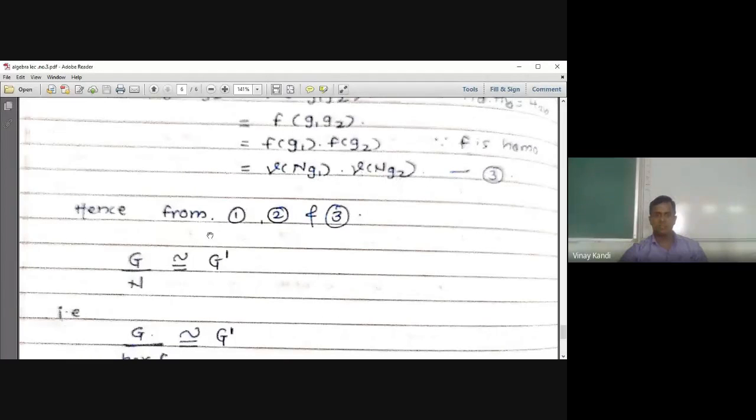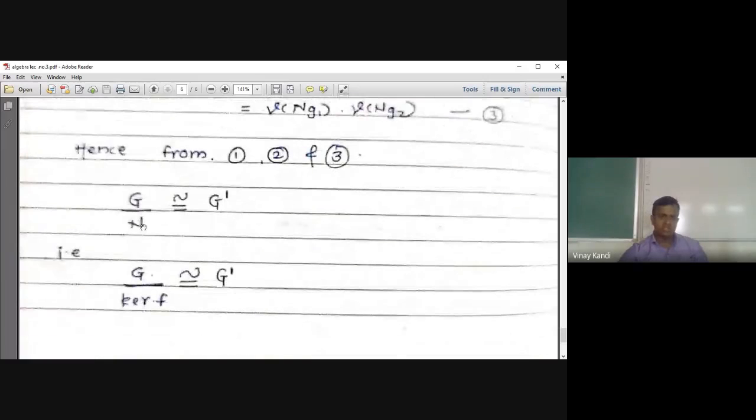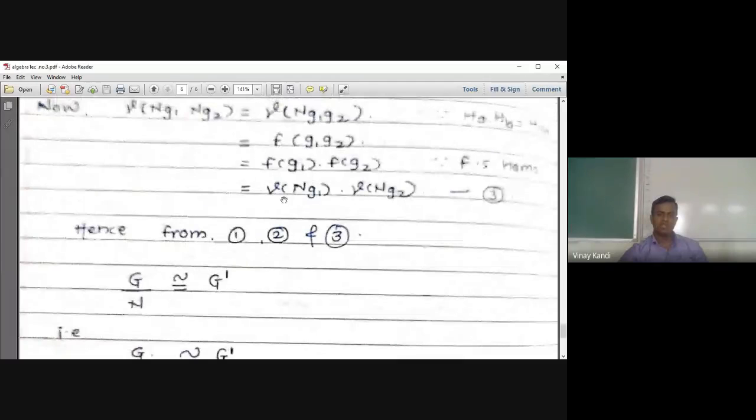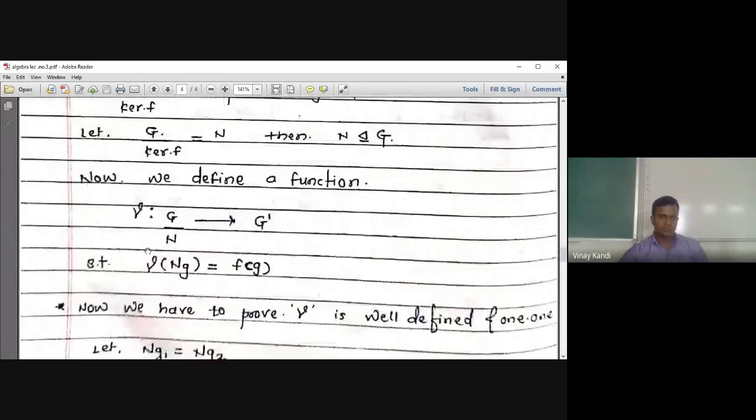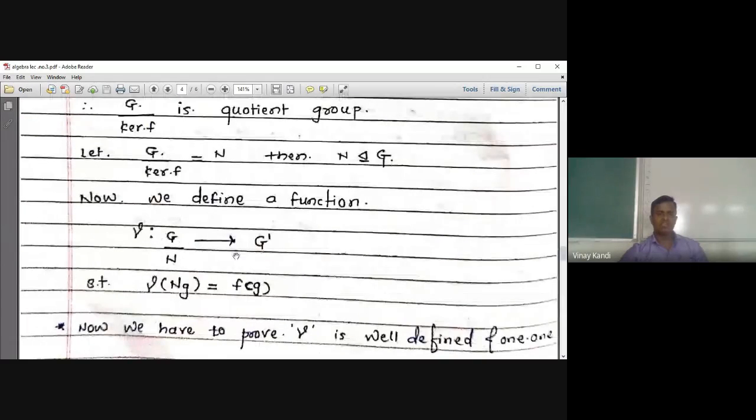Hence, from statements 1, 2 and 3, we write that the gamma function from G by N is an isomorphic function. Isomorphic function means what? This gamma function from G by N is 1-1, onto and a homomorphism.